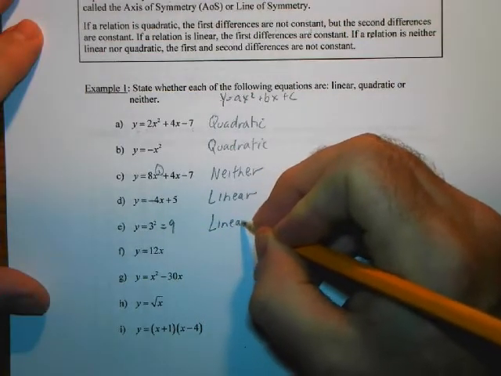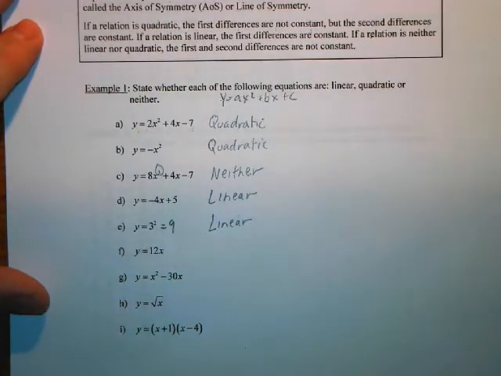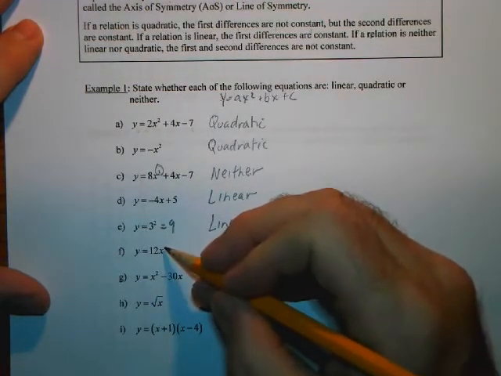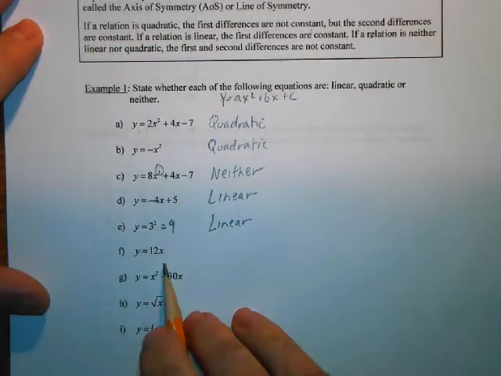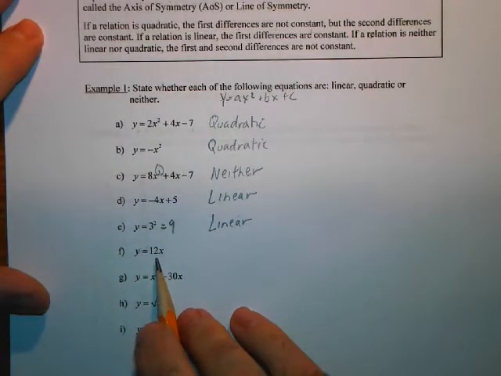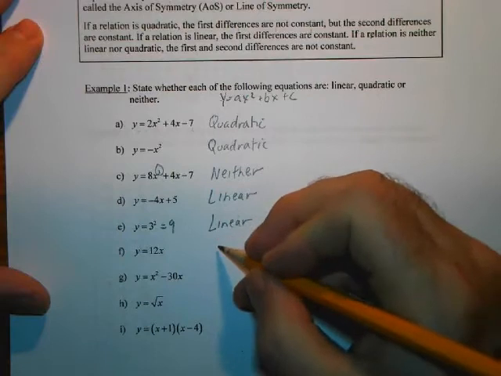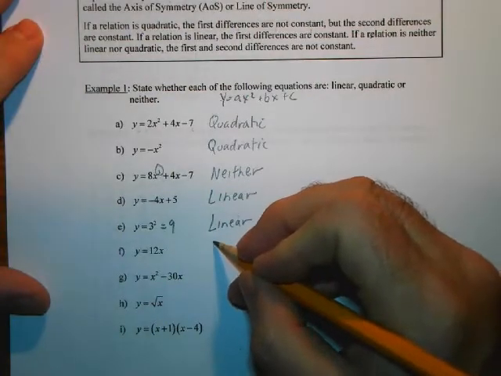In that case, it'd be like a y equals 0x plus 9. 0 would be the slope, so it's a horizontal line. Okay, what about this one? Well, again, no x squared term, but you could fit this as y equals mx plus b, m is 12, b is 0. So this is also linear.